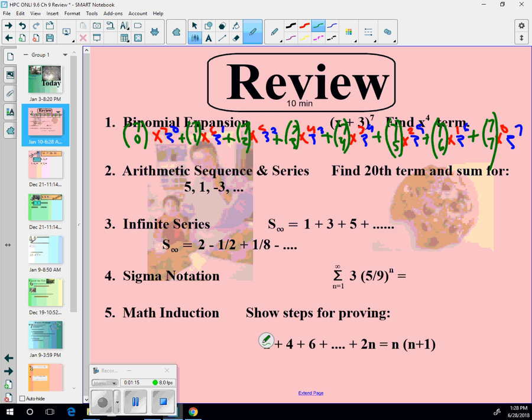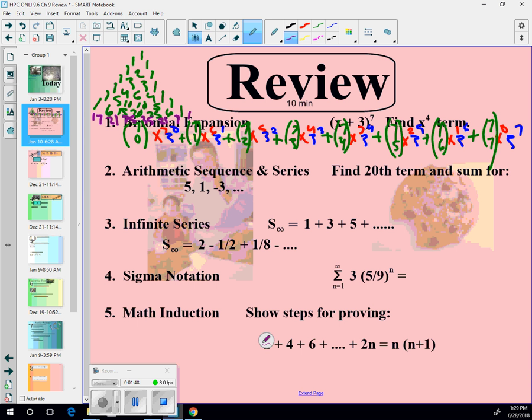You can use your calculator to figure those out, or you could do that wonderful Pascal's triangle, but this way you have to go all the way to row 7: 1, 7, 21, 35, 35, 21, 7, 1.